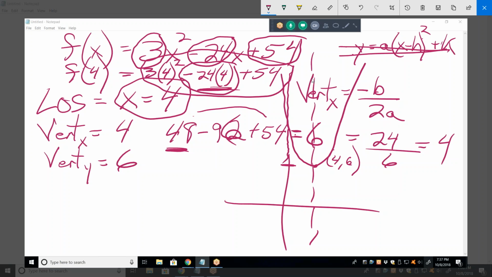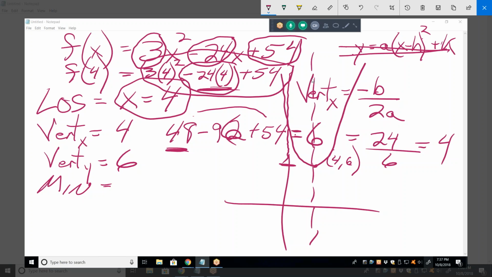Is that a minimum or a maximum? That would be a minimum. And what is that minimum? When they ask what the minimum is, they're asking for the y value, not the x value. So what's that y value right there?